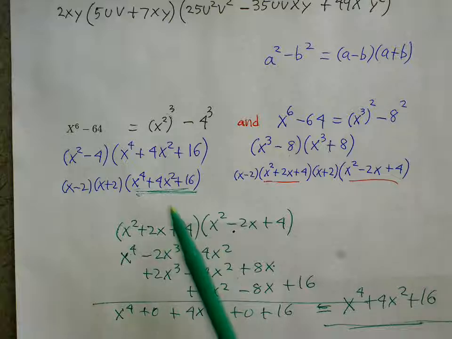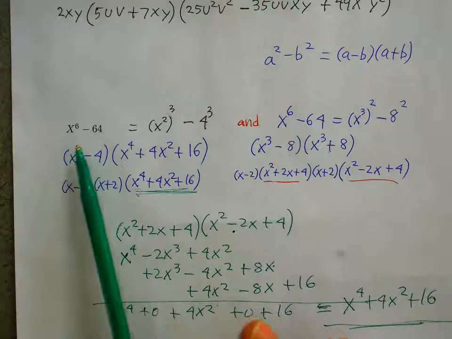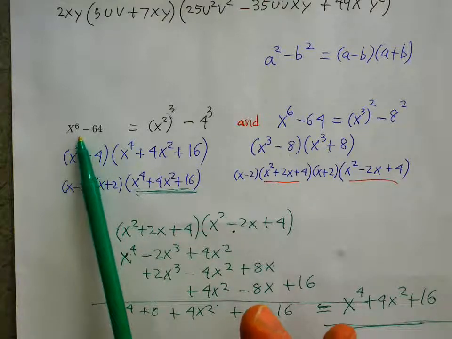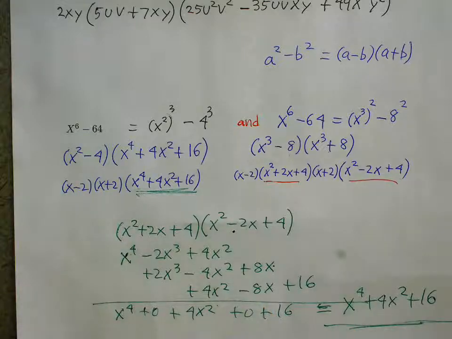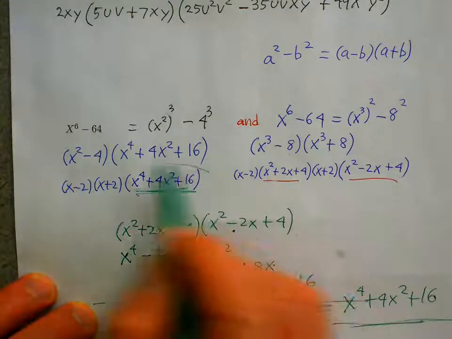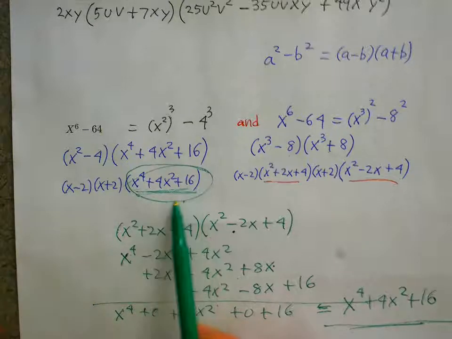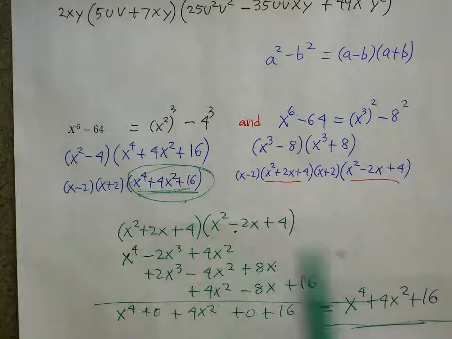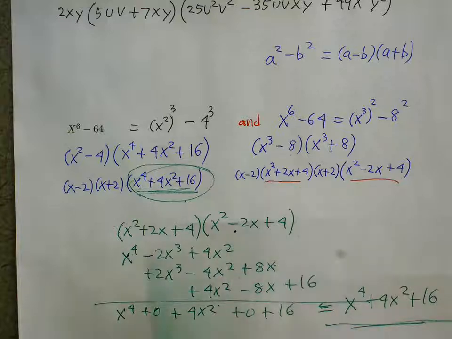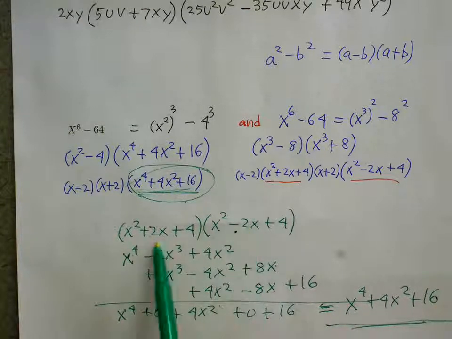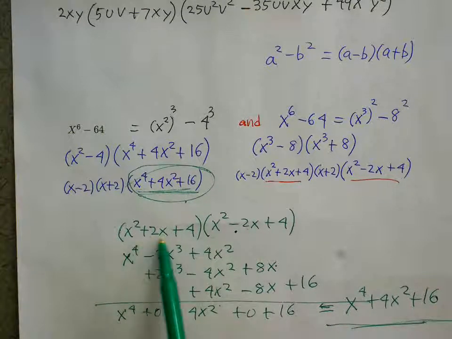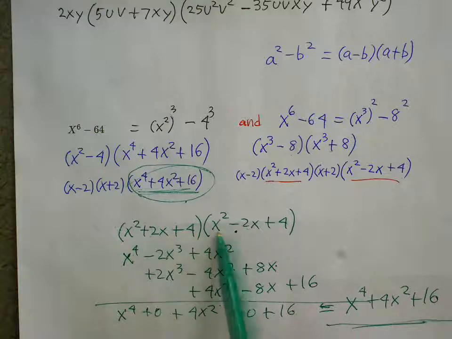So if we interpret this as a difference of cubes, it might not be obvious to us that x to the fourth plus 4x squared plus 16 can still be factored to x squared plus 2x plus 4 times x squared minus 2x plus 4.